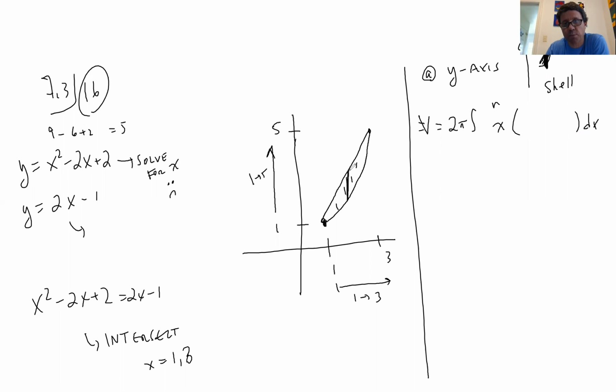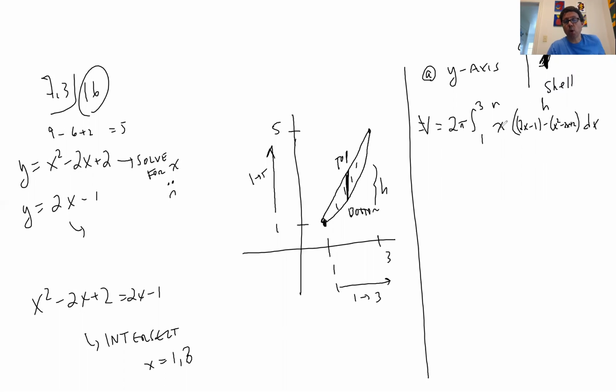So if I bring my piece back here, I've got the top curve, I've got the bottom curve, and if I subtract them, I'll get the height. So I need to take the top curve, which is 2x minus 1, and subtract the bottom curve, which is x squared minus 2x plus 2. And that's it. And now I integrate from 1 to 3. So that's the setup for part A.